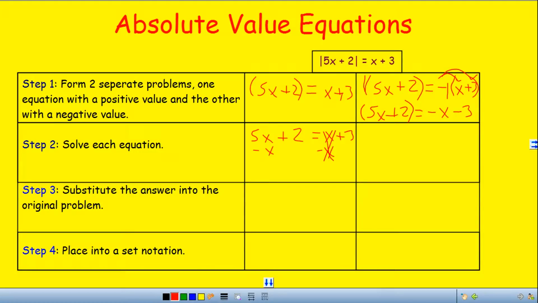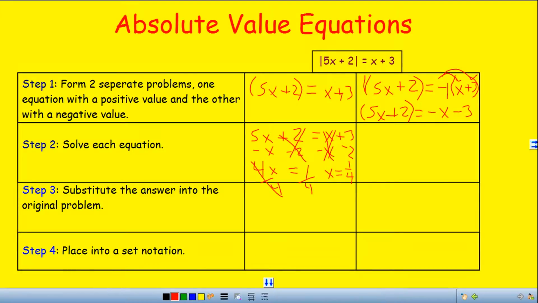Since I'm going to have a 4x on this side, I'm going to subtract 2 from both sides so that I can get this by itself, and that will cancel out. So it leaves me with 4x equals 3 minus 2 is 1. Then I'm going to divide both sides by 4 to cancel my 4's, and x equals 1/4.